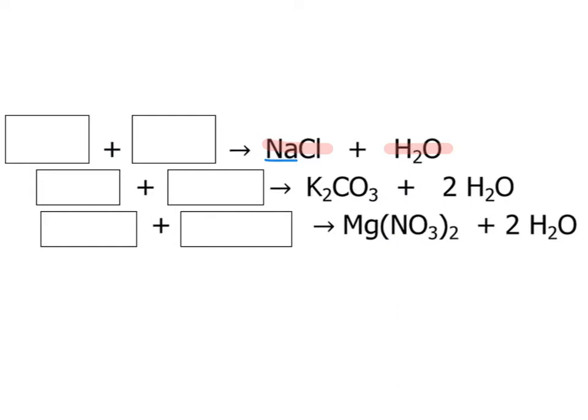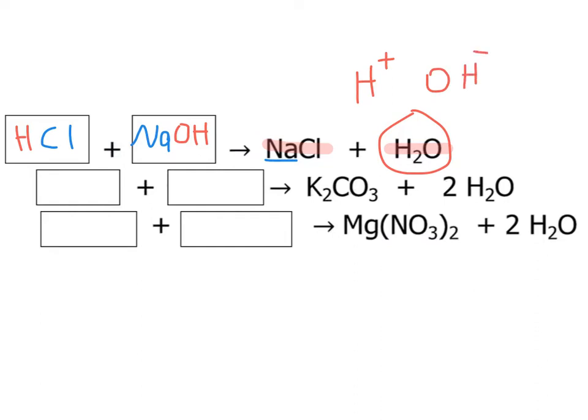Sorry, it must be here as a cation, and the chloride is an anion, so it also must be here as an anion. That means the sodium is the cation for the hydroxide, and the chloride is the anion for the hydrogen. Remember, water comes from the hydrogen and hydroxide reaction part.